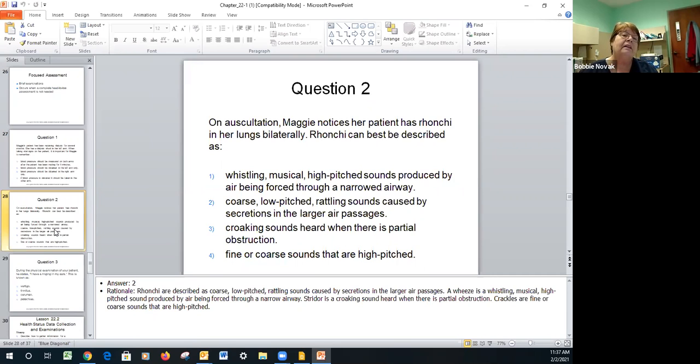So the answer is 2. Coarse, low-pitched, rattling sounds caused by secretion in the larger air passages. Okay.